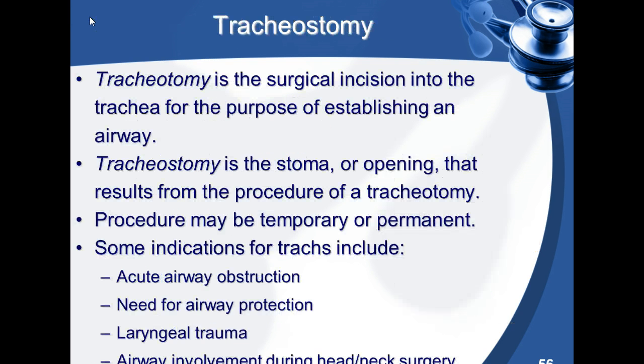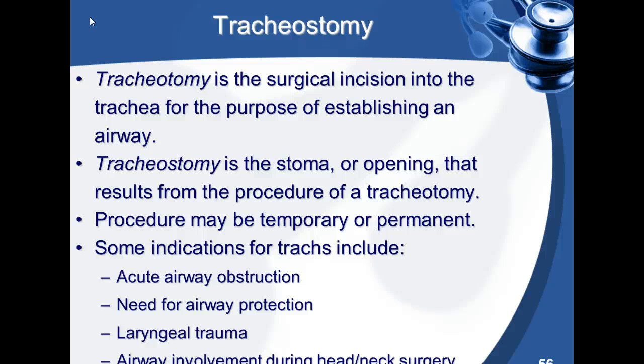The tracheotomy is the surgical incision into the trachea for the purpose of establishing an airway. The ostomy is the actual stoma. What you need to know is the difference, because sometimes you'll hear people using those words interchangeably, but they're not.